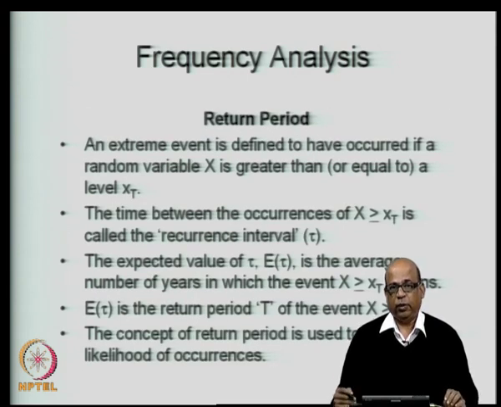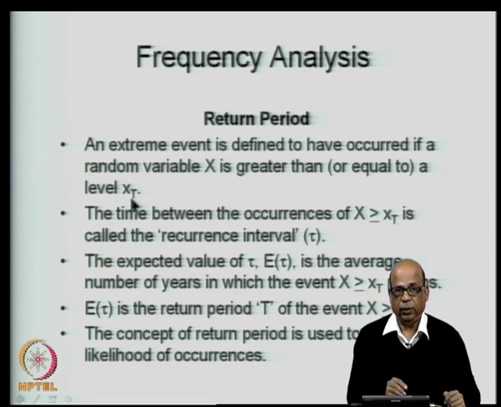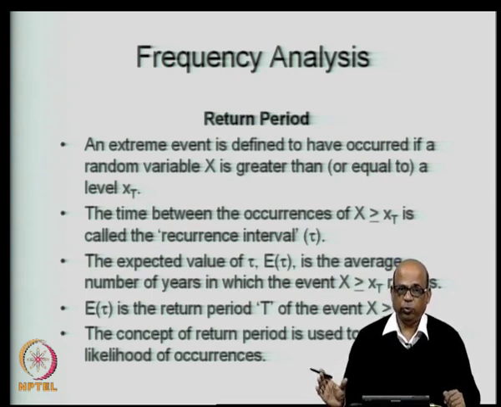So, how do we go about this? I just talked about the return period. Let us go through the concept of return period more formally now. Let us say that we are interested in an extreme event, which we define as the event that the random variable x takes on a value greater than or equal to a threshold level x_t. For example, the random variable stream flow being greater than or equal to a value of 5000 cubic meters per second.